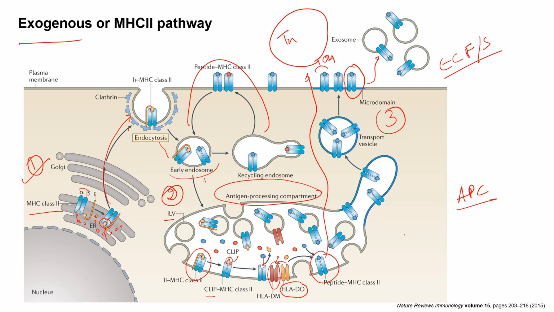And finally, there could be a possibility that if there is no expression through or no docking through T helper cell, CD4 plus T cell, then the MHC2 loaded vesicle, the small vesicle, can secrete out in the form of exosomes, which are again very critical. In recent years, the biology related to exosomes, the specific way exosomes are targeted for diagnostics and disease prediction, is coming up or flared in a very large scale.